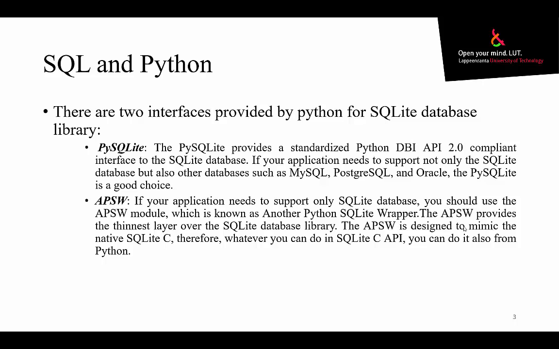Another thing is if what you're doing is just applications that are using just SQLite databases, then APSW will be the right choice to use, because that is basically just a Python SQLite wrapper that you can use to develop your application.